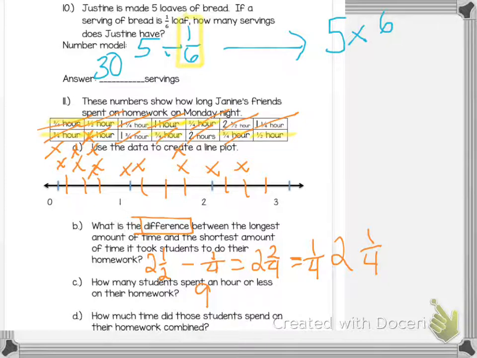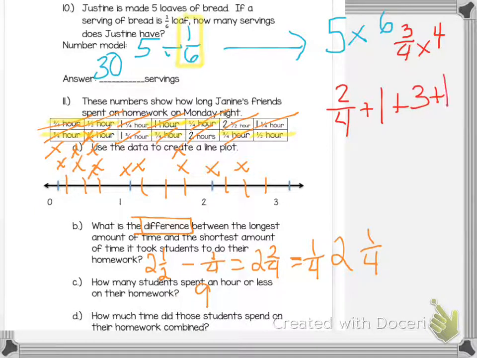It says how much time do the students spend on their homework combined? So we're going to work off to the side to add them all together. 1/4 plus 1/4 is 2/4. 1/2 plus 1/2 is 1. Then I have 3/4 times 4, so that's 3 times 4 is 12, 12 divided by 4 is 3.